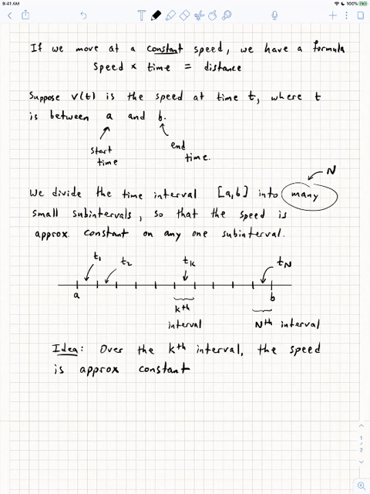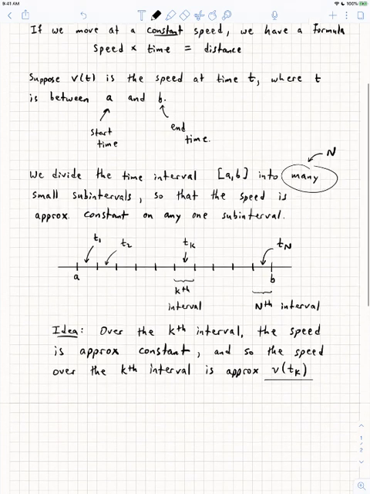So it's approximately constant, and so the speed over the kth interval is approximately the speed at time tk. Now, over that interval, it might change, but just a little bit. So it's going to be approximately v at tk over the whole interval.